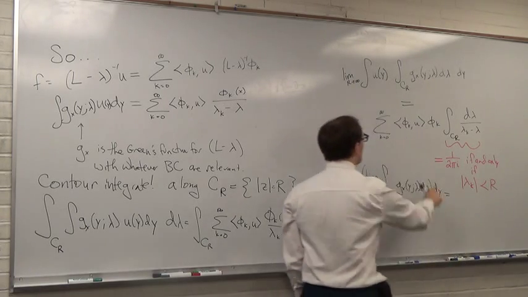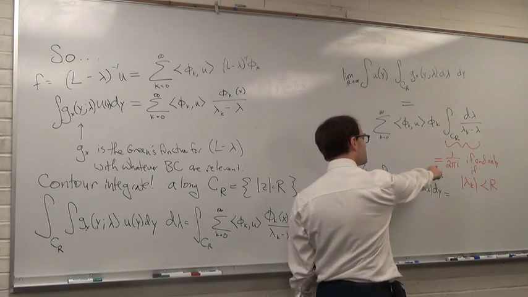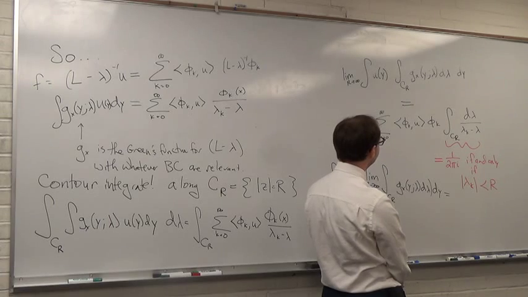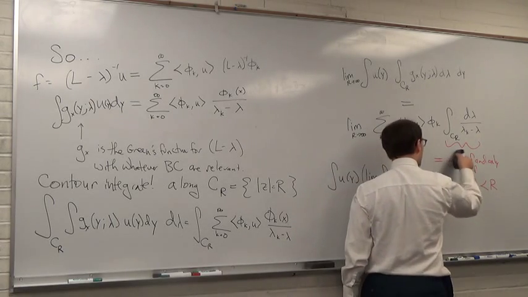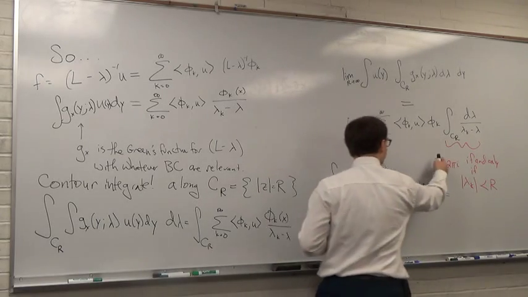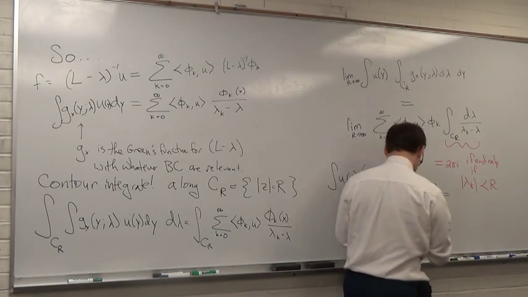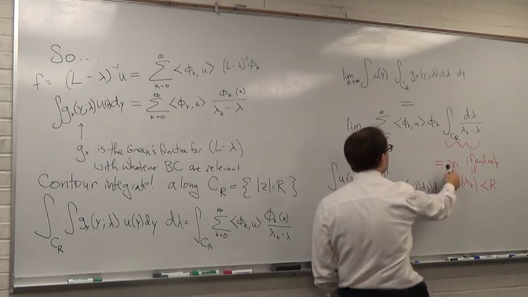This is equal to 1 over 2 pi i, or rather 2 pi i. Wait, is this equal to 1 over 2 pi i or 2 pi i? 2 pi i. Oh, that's where that 1 over came from. All right, it's equal to 2 pi i. Okay, right. So this is equal to 2 pi i times this sum.